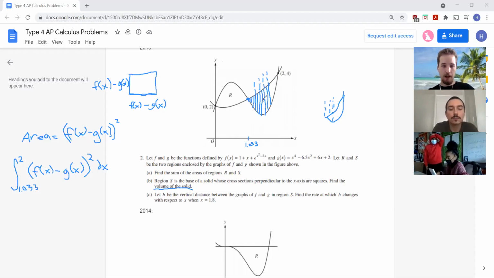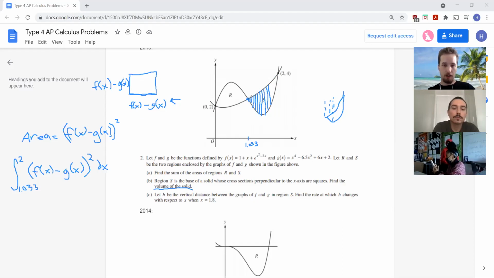And considering the height of the z-axis is defined by a square, well, if the base of the square is f of x minus g of x, the height also has to be f of x minus g of x. Right? So this is the base. That is the bottom of the square. Imagine the square standing straight up. And the height is also going to be the same thing.